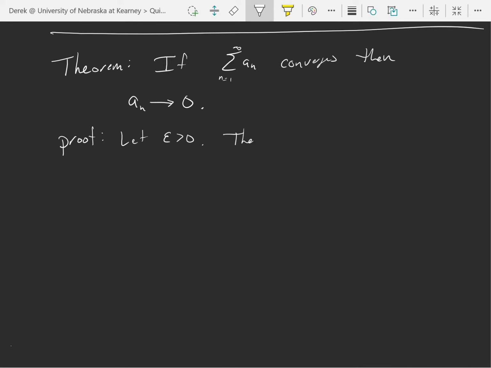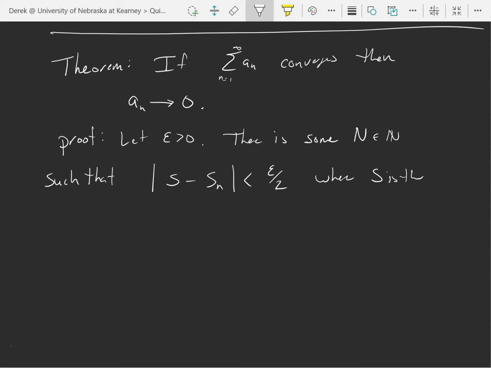So there is some capital N in the natural numbers such that I'm going to say s minus s sub n is less than epsilon over 2, where s is the limit of the series and s sub n is the nth partial sum, and this is whenever n is bigger than capital N.